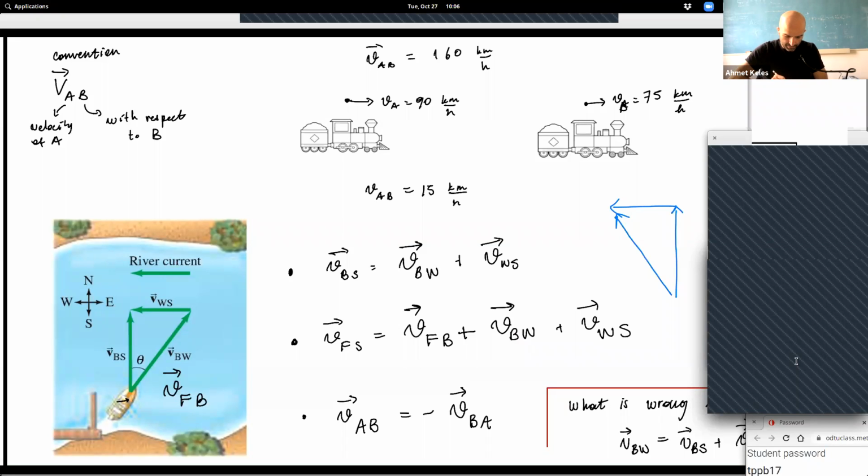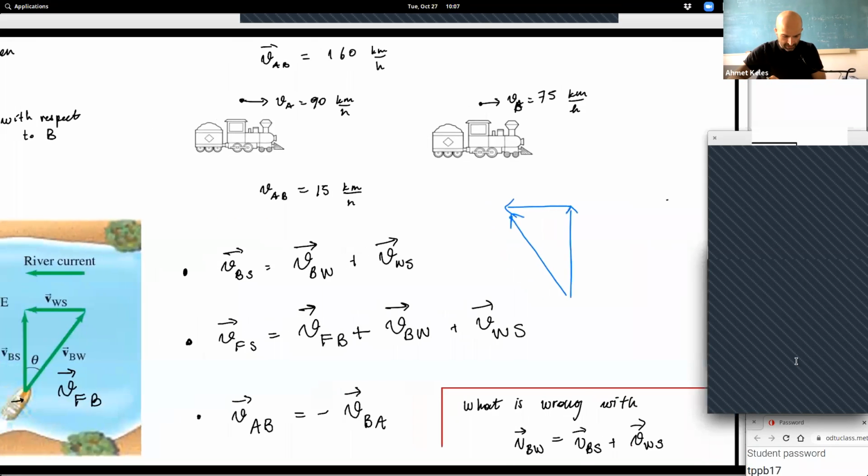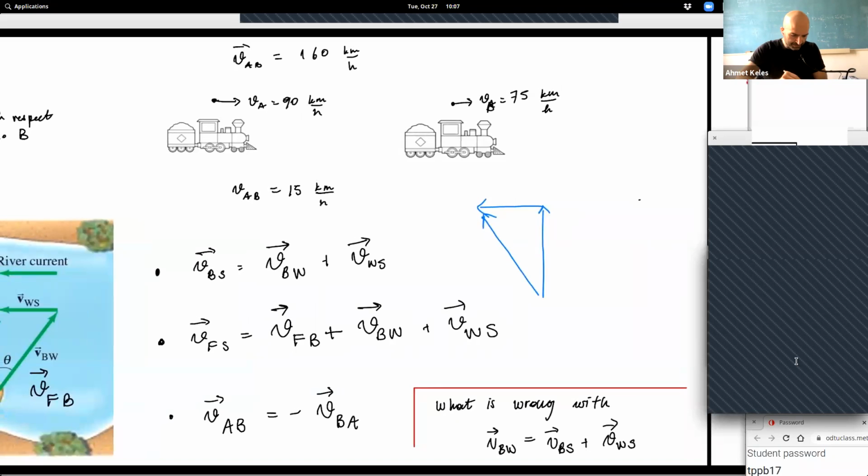Please look how F is on the leftmost side on both sides of the equation, and S is on the rightmost side. So I start with F, I start with F, I end with S, I end with S, B to B, W to W. This kind of index matching is important.